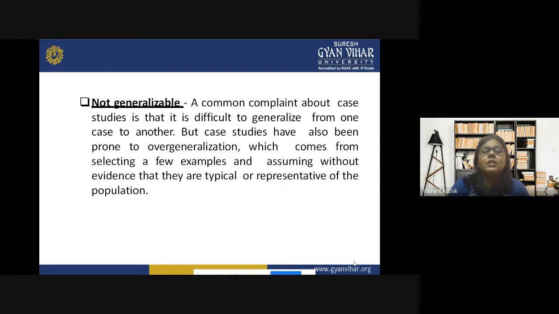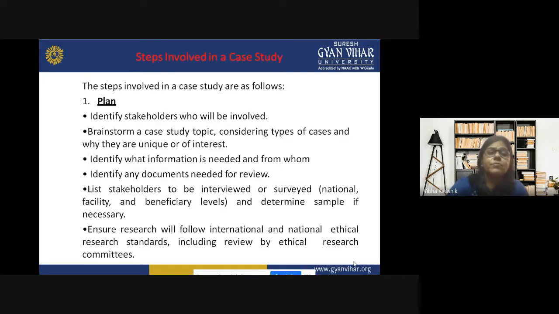But case studies have also been prone to overgeneralization, which comes from selecting a few examples and assuming without evidence that they are typical or representative of the population.